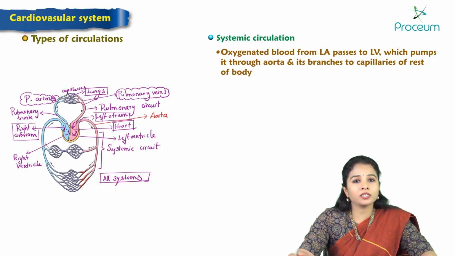So the oxygenated blood from the left atrium passes to the left ventricle, which pumps it through the aorta, and it branches to the capillaries to the rest of the body.